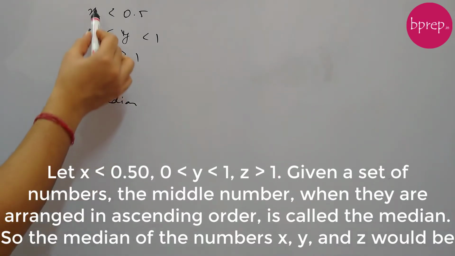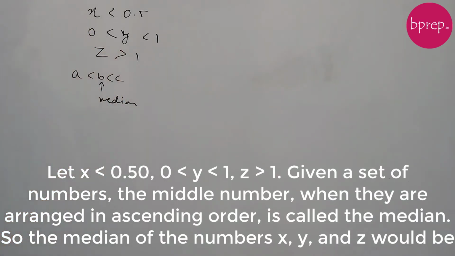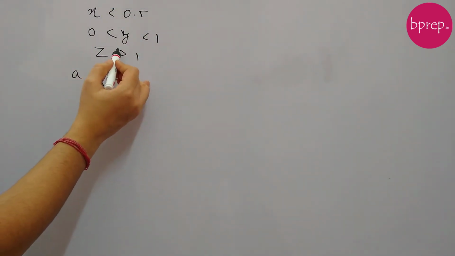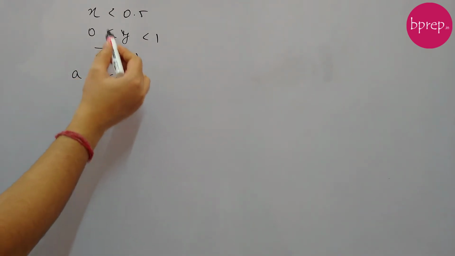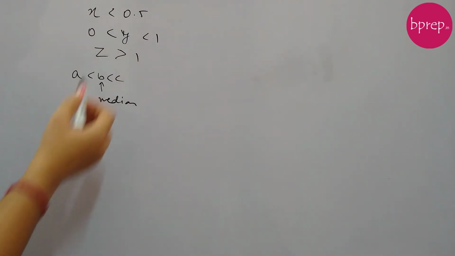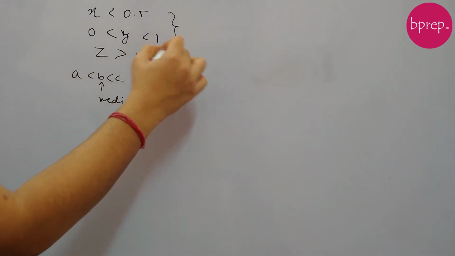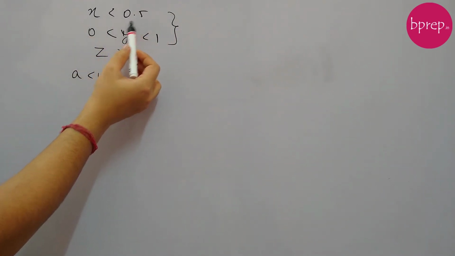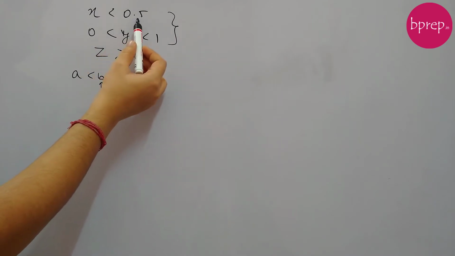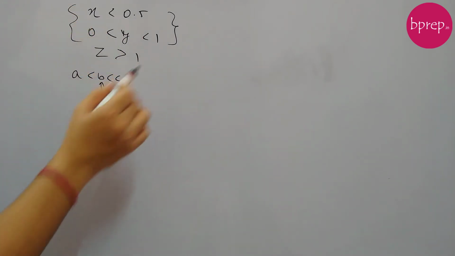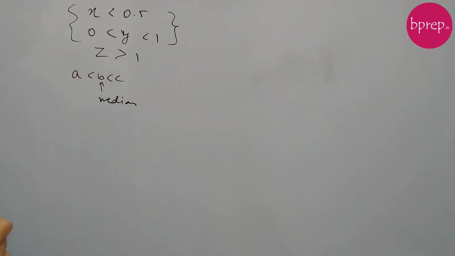Now we need to find out for x, y and z what the median is, and we have the range given. If you see, z is always greater than or equal to 1, so it has no conflict with the other two numbers, but x and y overlap. x is less than 0.5 and y can also be less than 0.5.